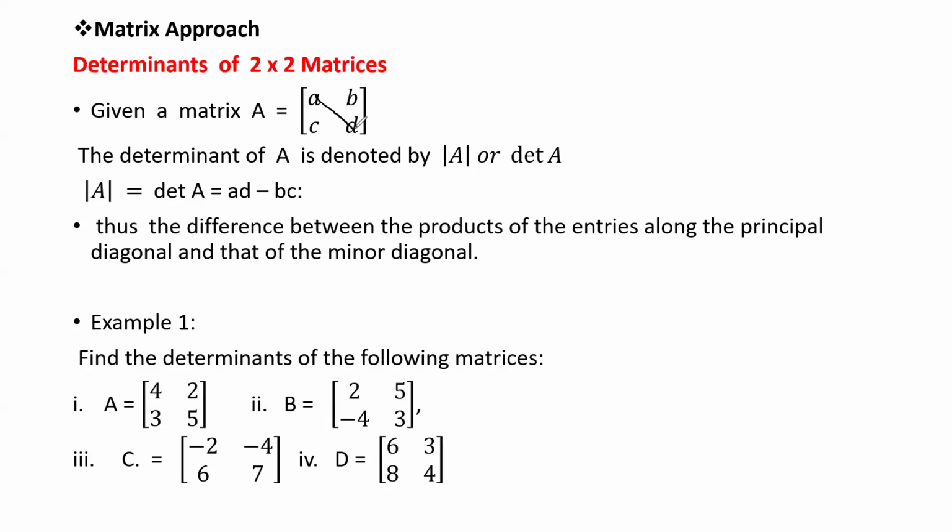Then multiply B also by C, and subtract BC from AD. So det A is A times D, this times that diagonal way, minus this times this. Can you see it? Yes, sir. Good. So the determinant is the difference between the product of the entries along the principal diagonal and the minor diagonal. Then you get your determinant.